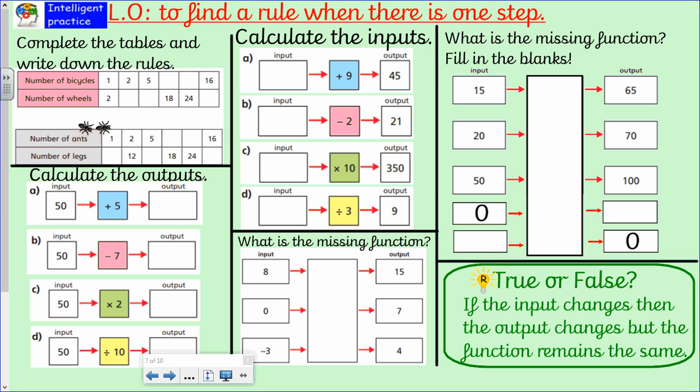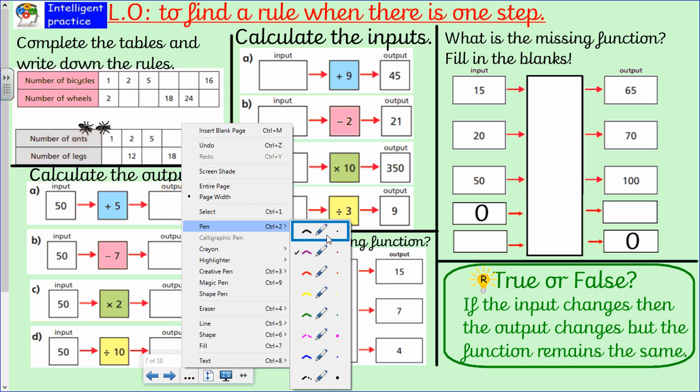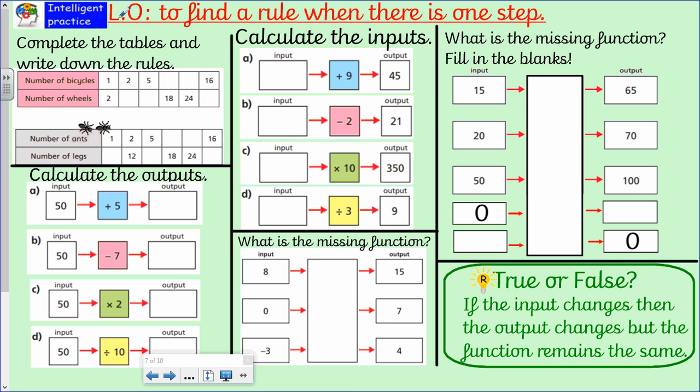Alright, so intelligent practice then. Let me just grab a pen so I can go over a couple of bits for you. It says complete the table and write down the rules, so there are two different tasks here. Number of bicycles, number of wheels. One bicycle has 2 wheels.